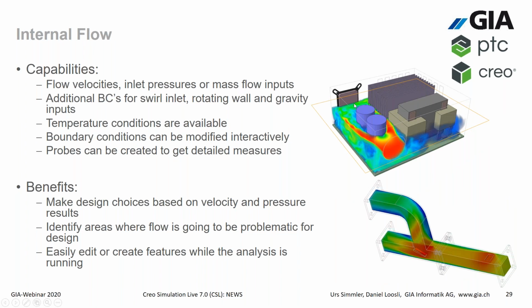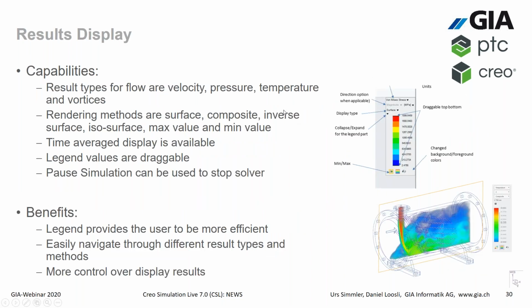Quite important is also, let's say, combined analysis of flow and thermal capabilities. You'll see that this is very easy to handle within Creo Simulation Live. And the display of the results, it's incredible.